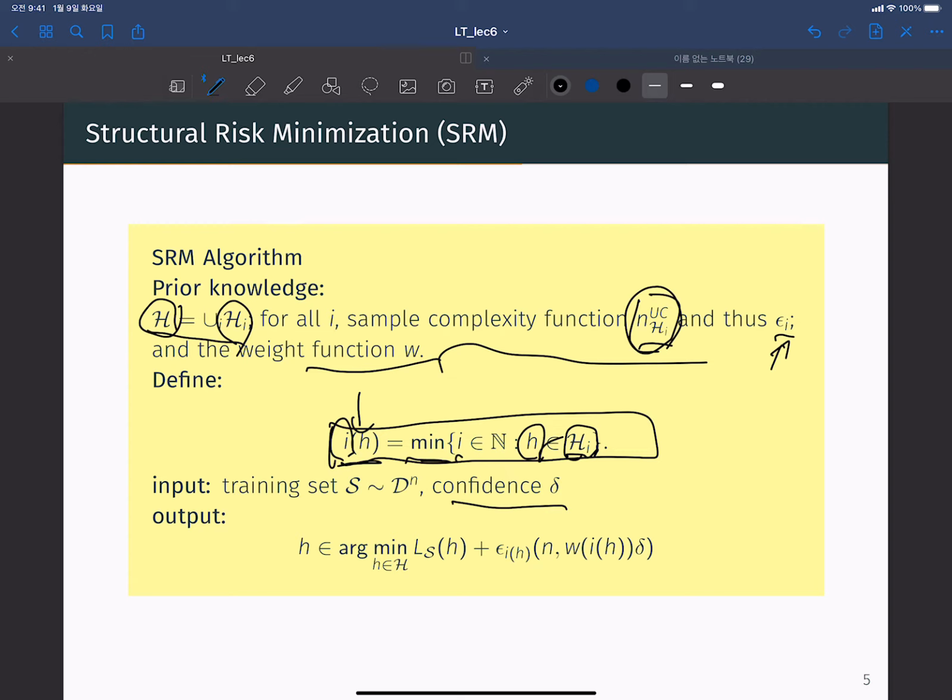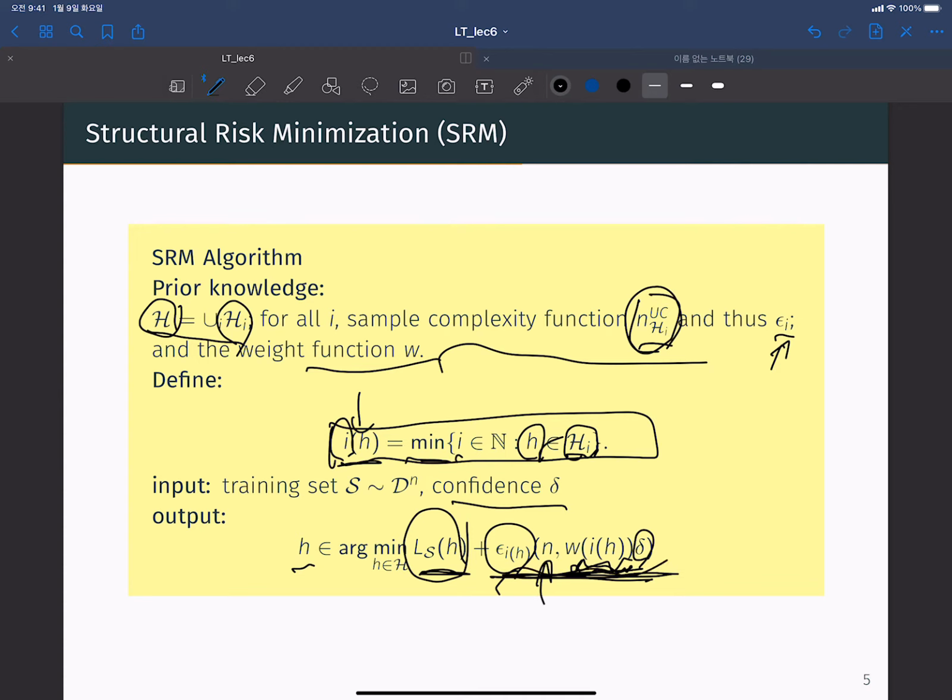We will find the best hypothesis that of course minimizes the training error, but we will not just use the training error, we will add something which is a kind of confidence interval. For the given training data points with the weight and the confidence level delta, we calculate the epsilon.